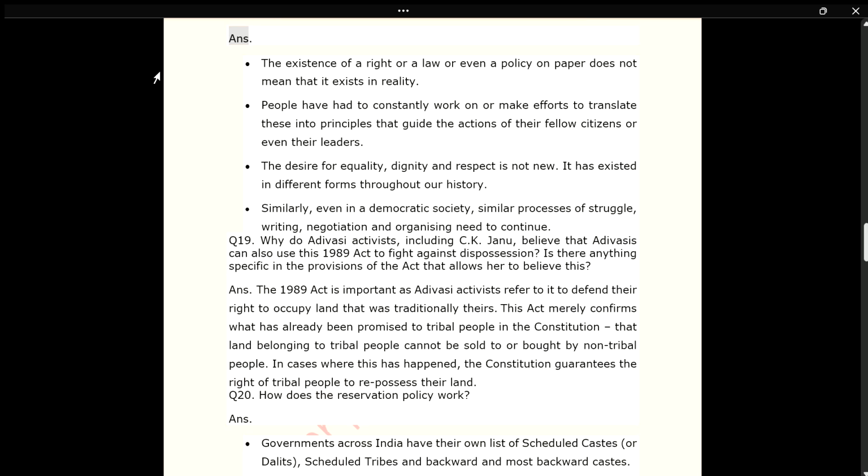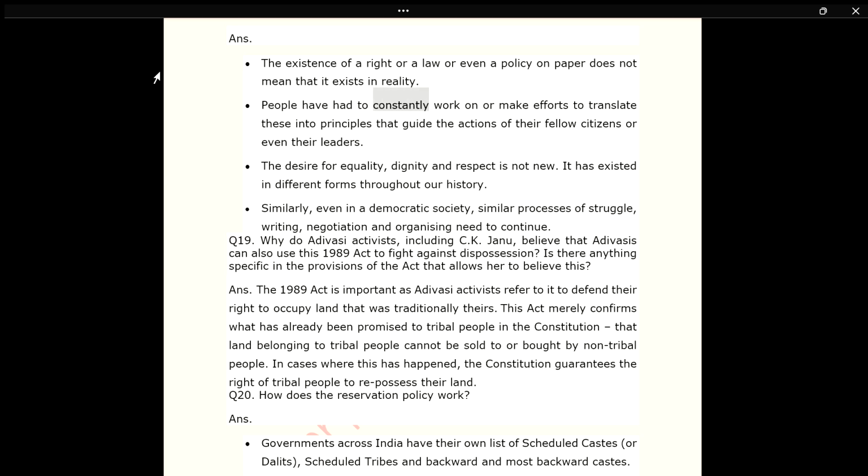Q18. The right, law or policy related to marginalized groups merely exists on paper. Do you agree? Comment. Ans. The existence of a right or a law or even a policy on paper does not mean that it exists in reality.